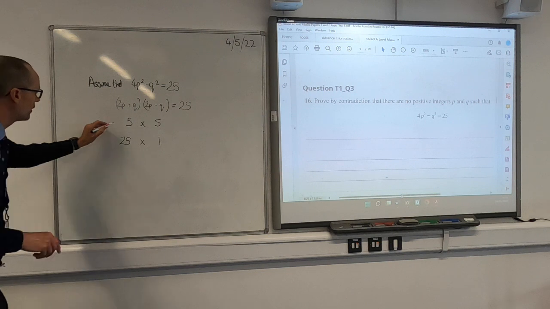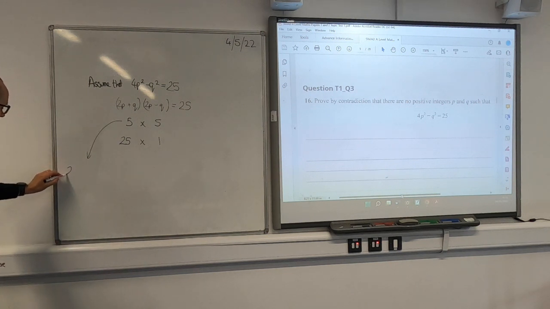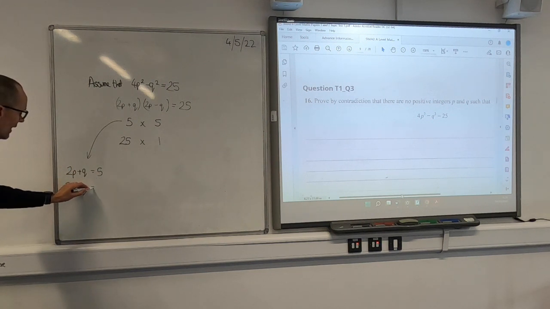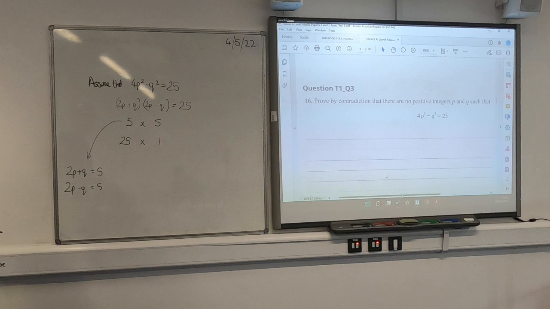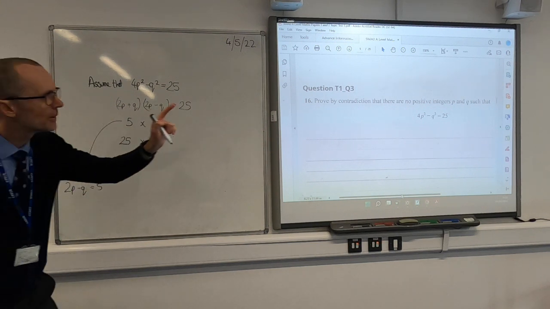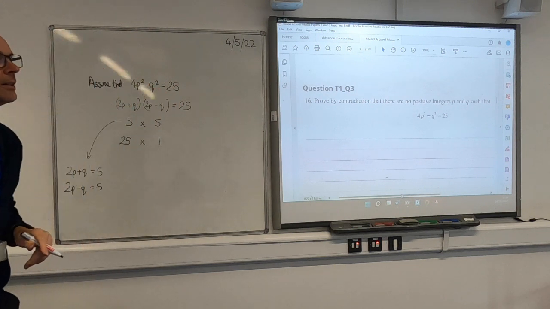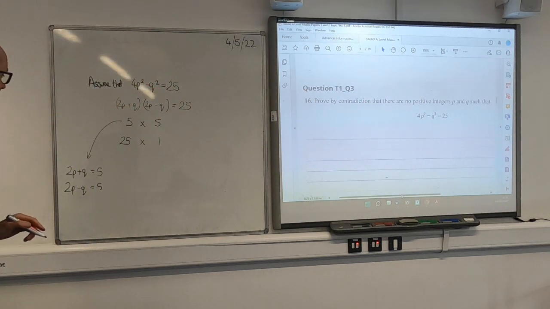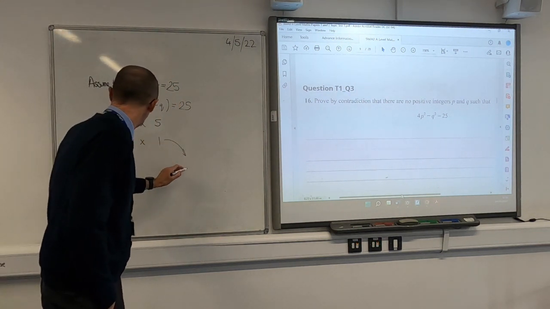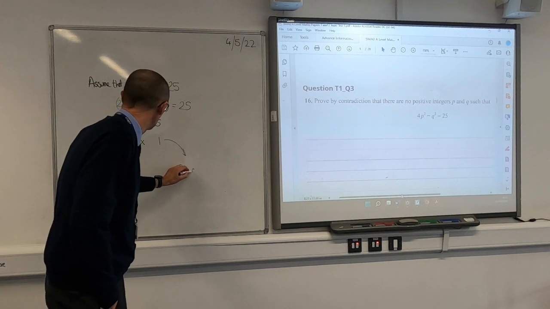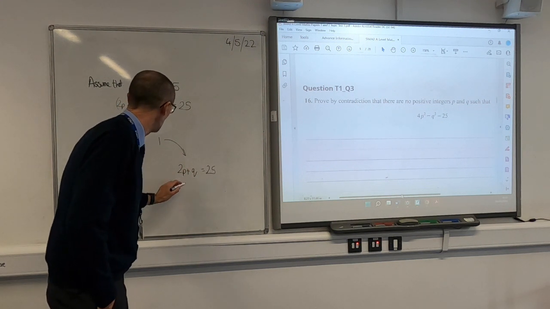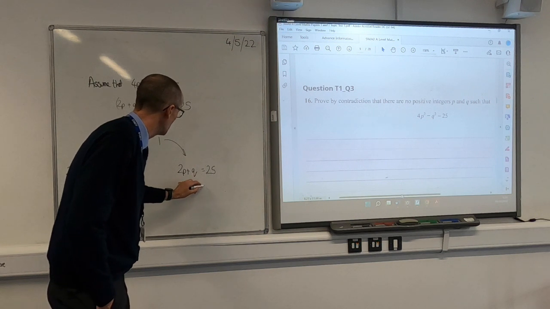We've got this scenario here, where 2p plus q has to equal 5, and 2p minus q has to equal 5. Can q not be negative? Are we assuming that? It says in the question, positive integers. And here we're saying 2p plus q would equal 25, and 2p minus q would equal 1.